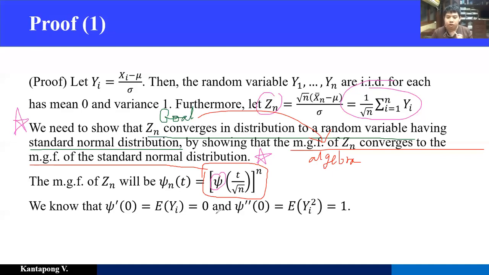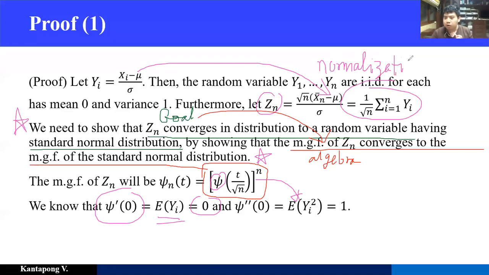The first restriction is that the derivative of psi at 0 must be 0, which means the mean is 0. And the variance is 1, because this step is called normalization, into mean 0 and standard deviation 1. But it can be any MGF.